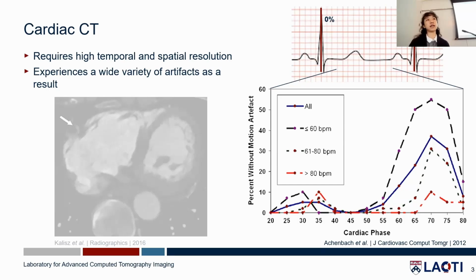Here on the x-axis, we have the cardiac phase, or the portion of the cardiac cycle, and on the y-axis, we have the percent of patients without motion artifacts. You can see that for the most part, the motion artifacts are minimized at a phase of about 70%, but this drastically decreases for patients with heart rates over 80 BPM.